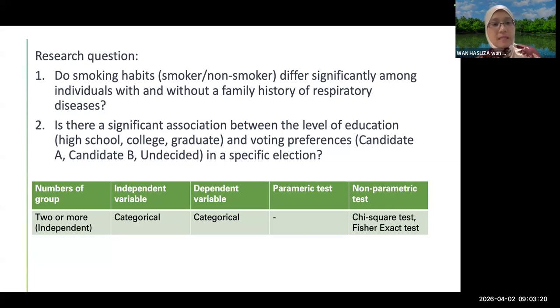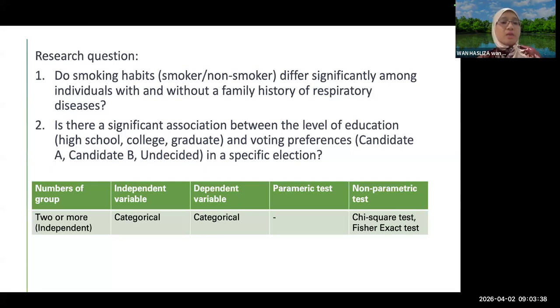Number two, is there a significant association between level of education, high school, college, and graduate student, and voting preference, either they want to choose candidate A, B, and C? Here you can see that it is now more than two categories.